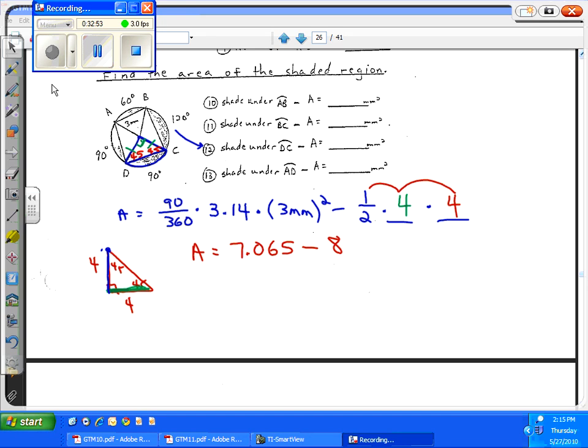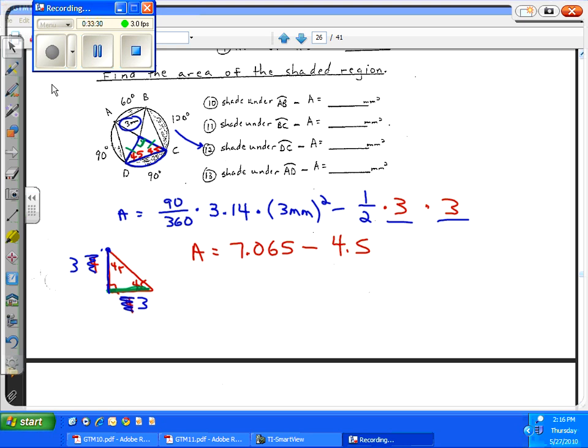I apologize for the delay. I paused it just so I could see. I can't believe I did this. You probably already knew I did this if you're watching. This is 3 millimeters, and I wrote down a 4. So the base and height are 3 and 3 instead of 4 and 4. I'm not real sure where that came from. So we're going to have half of 3 times 3, which is half of 9, which is 4.5.